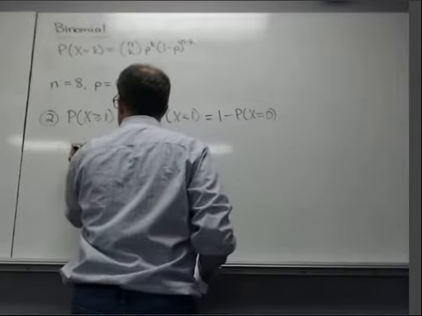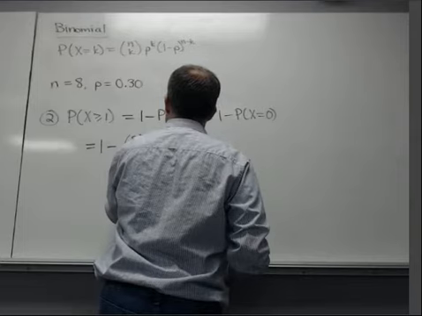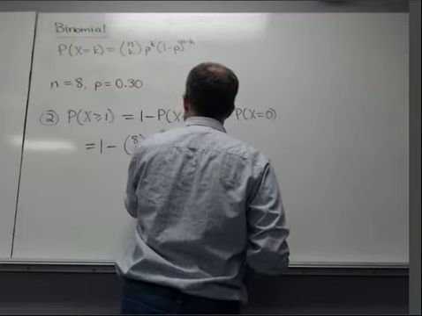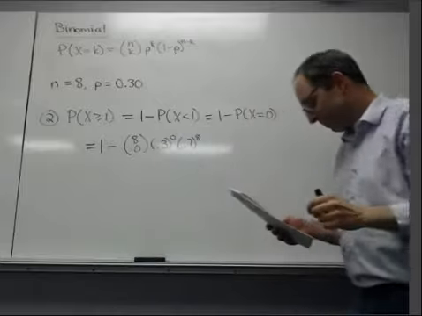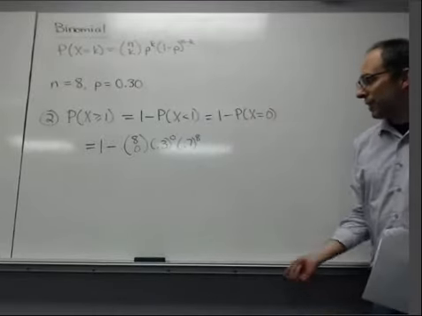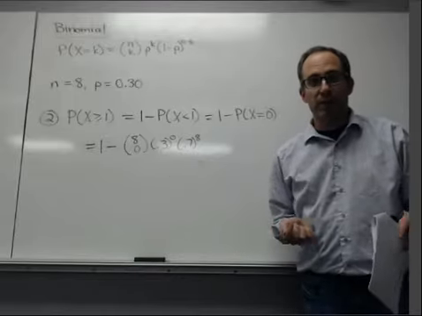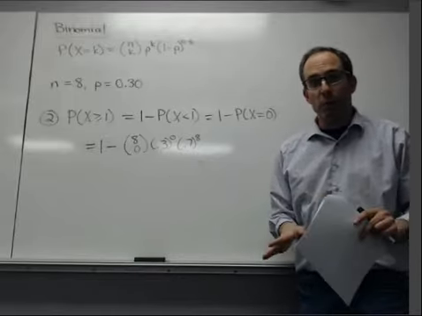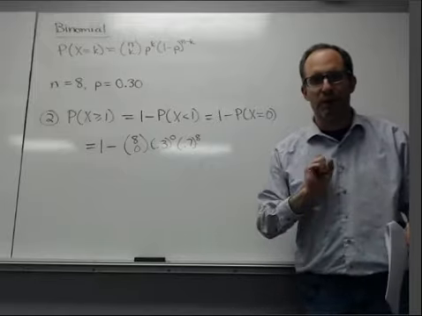So the probability that x equals 0, let's see, that would be 8 choose 0 times 0.3 raised to the 0 power times 0.7 raised to the 8th. Okay, well, 8 choose 0, just like 4 choose 0, is going to end up being 1. You can expand it if you want to, or you can just think, well, how many ways could you pick 0 things out of 8? 1. You don't pick any.